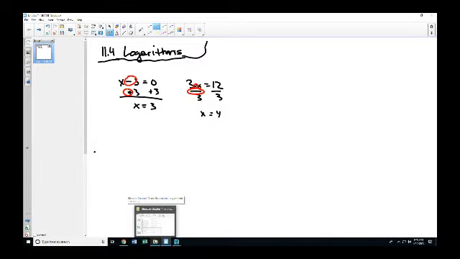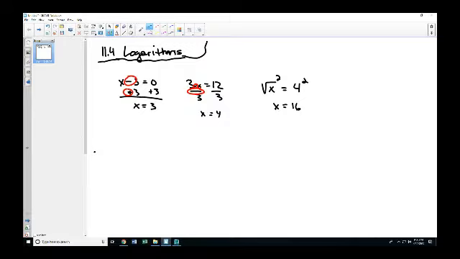Okay. So, and then you can even extend it to something like that. Why? Because the roots and exponents or powers are inverses, correct?